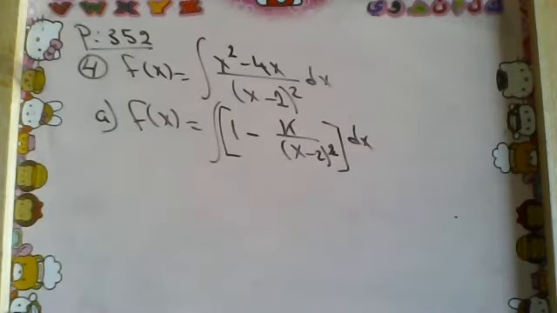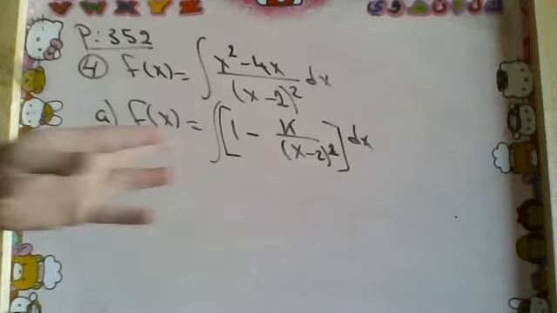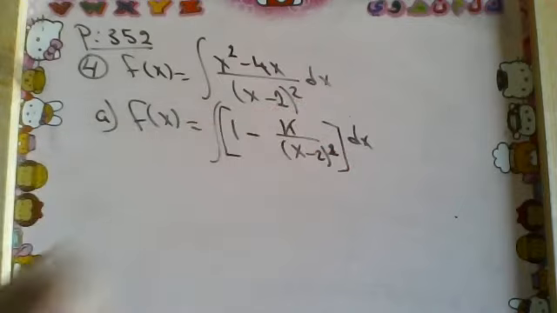We have to prove that f of x is equal to the integral of 1 minus k over x minus 2 squared, where k is a constant to be determined. How to prove it? What do we have to do?